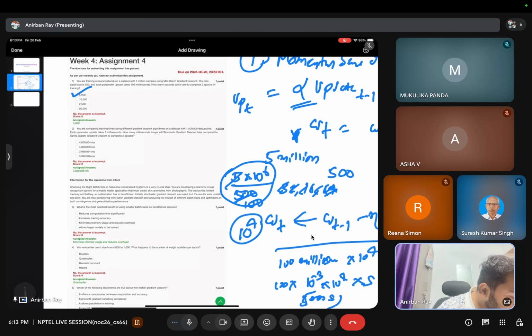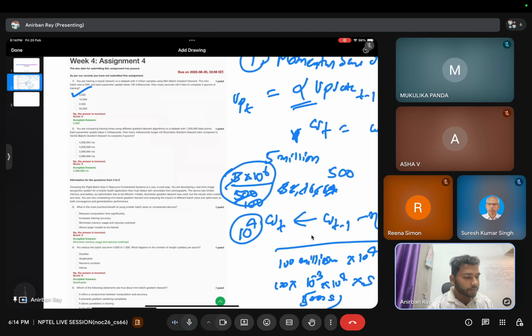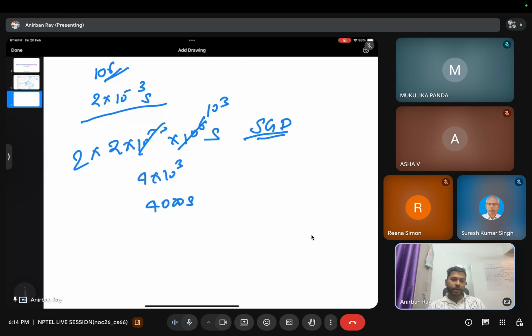Now you have to understand that. Let's calculate this one first. So this will become 10 to the power 3, so 4 into 10 to the power 3, so 4000 seconds. Now for batch gradient descent, in one epoch only one gradient update takes place, so it will take 4 into 10 to the power minus 3 seconds.